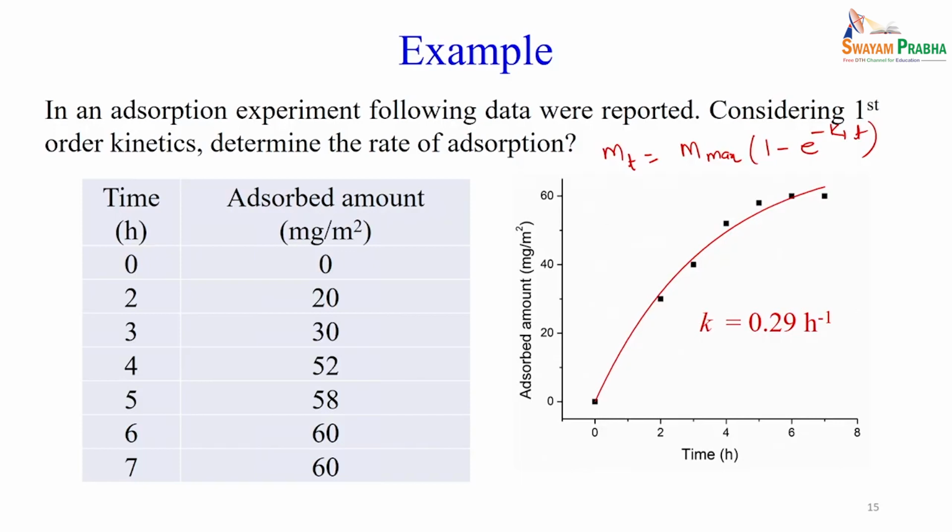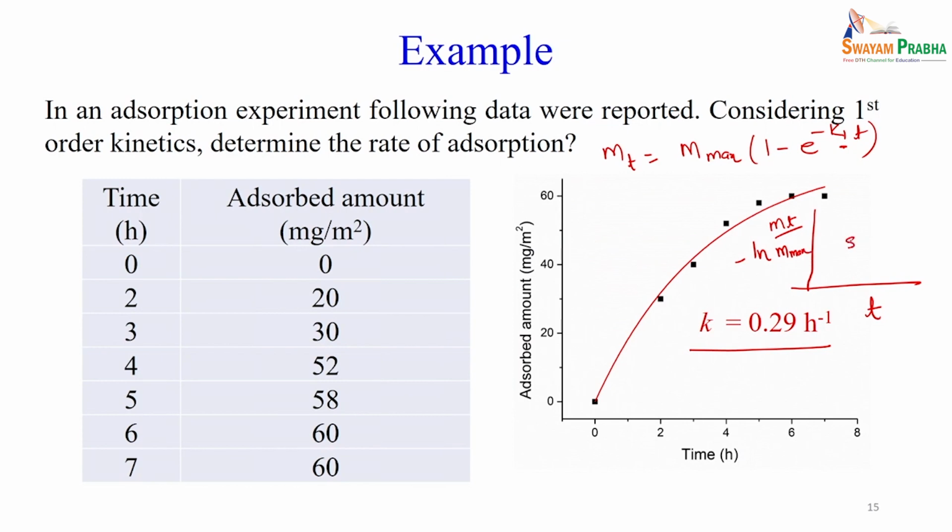So, we can fit this expression to the reported data and get the value of k_1, which comes out to be 0.29 per hour. The other option is the graphical method, where we plot t versus minus ln of (m_max minus m_t) over m_max.